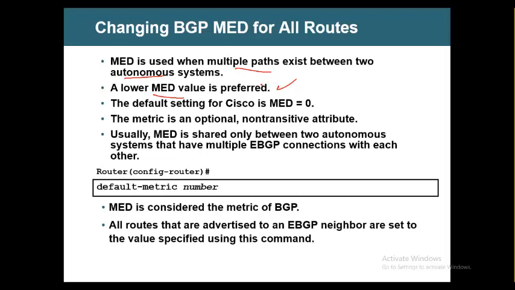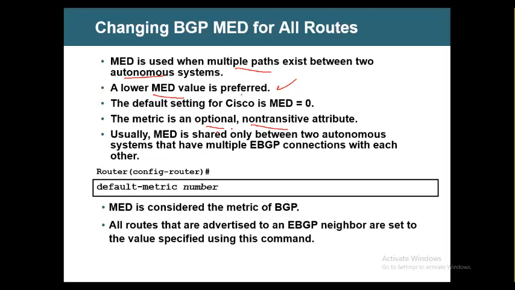So the lowest MED value is preferred. MED is an optional, non-transitive attribute. So you must see MED. If it is not seen, at least 0 should be seen. If it is not seen, the update will not be accepted, will be rejected.